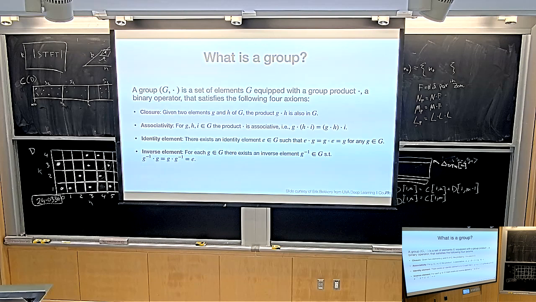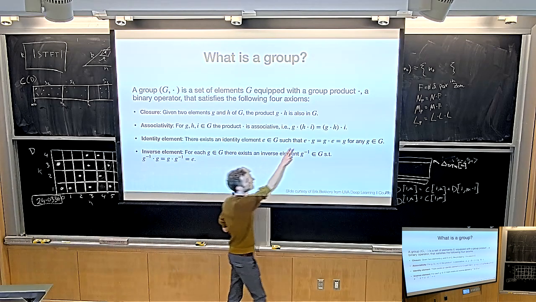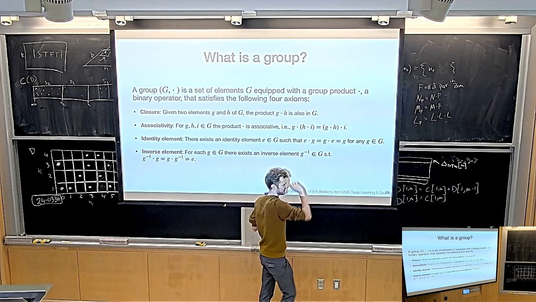If you take two rotation matrices and you multiply them together, then what do you get? Another rotation matrix. Rotations are one example of a group. Another property is associativity, which is self-explanatory: if you have three elements of a group, G, H, I, then you can factorize the product like that.